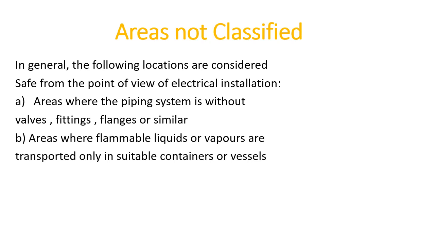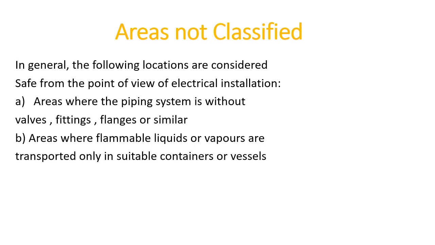Second, areas where flammable liquids or vapor are transported only in suitable containers or vessels, when there is no opening of the container and no filling of the container. Suppose, after the example I have given, a tanker is filled with petrol or gasoline at the loading station.